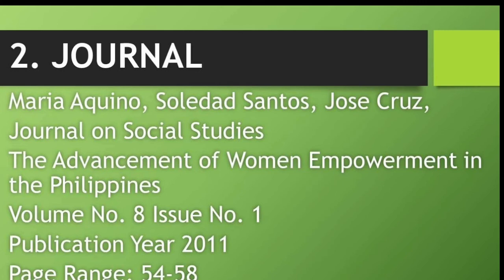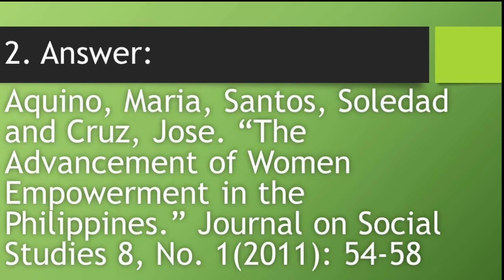The answer is the authors' names are Aquino Maria, Santos Soledad, and Cruz Jose, followed by the title of the article, The Advancement of Women Empowerment in the Philippines, followed by the title of the journal, Journal on Social Studies, Volume 8, then the number of issuance, number 1, the year, 2011, then the page range is 54 to 58.